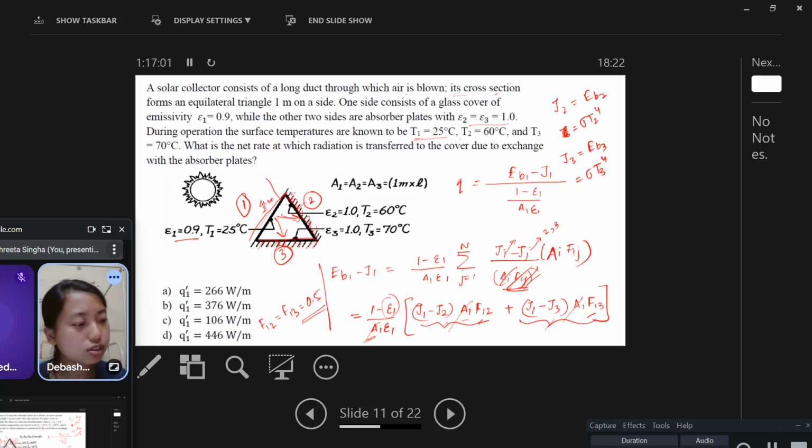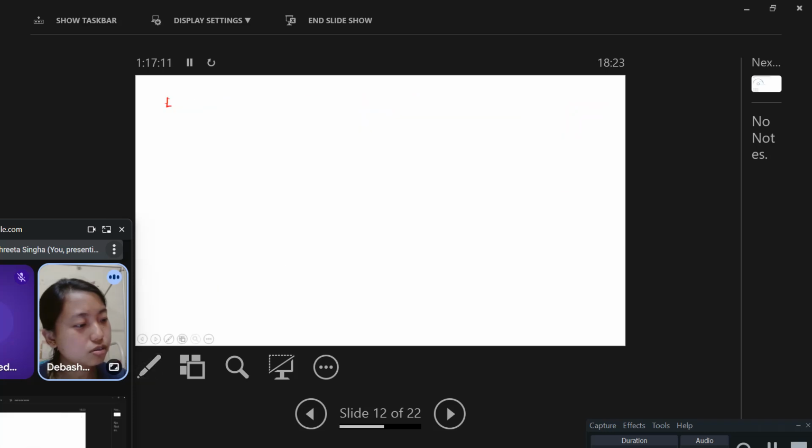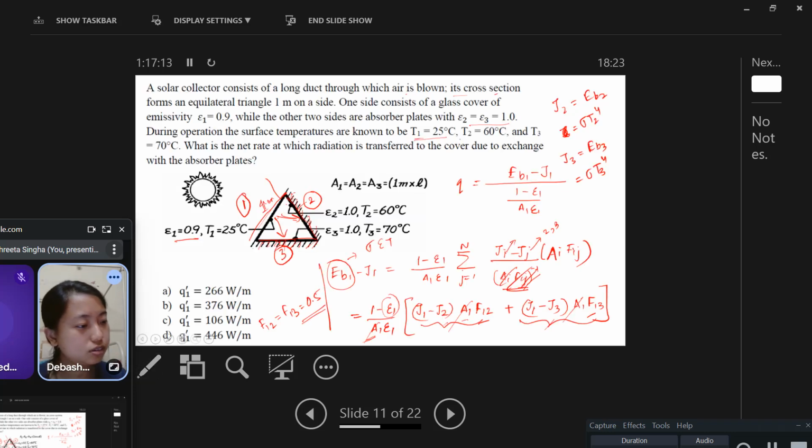You can also calculate this Eb1. Since it is not a black body, it should be epsilon sigma T1 to the power 4, so you have to multiply with its emissivity, 0.9.